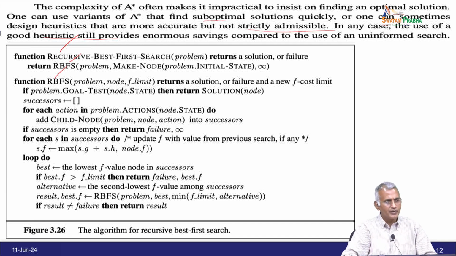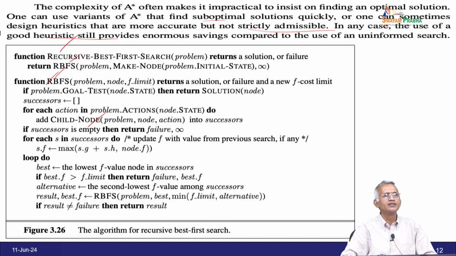The function RBFS(problem, node, f_limit) returns a solution or failure and a new f cost limit. If problem.GoalTest(node.State), then return solution(node). Then put successors as an empty list, and for each action in problem.Actions(node.State), do add ChildNode(problem, node, action) into successors. If successors is empty, then return failure.